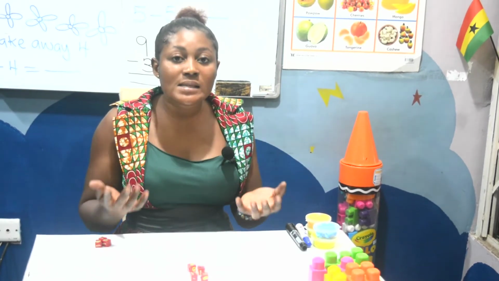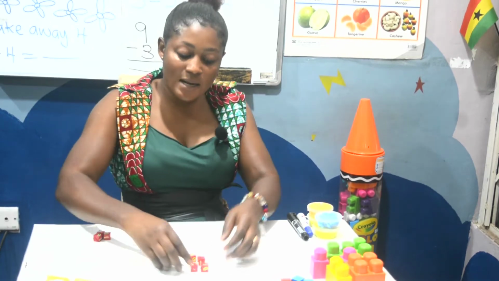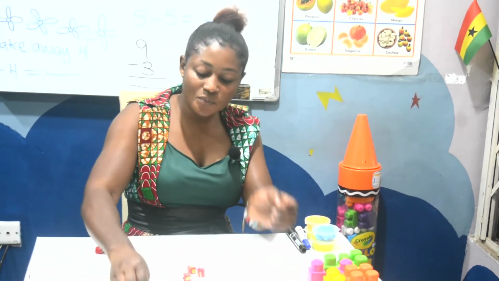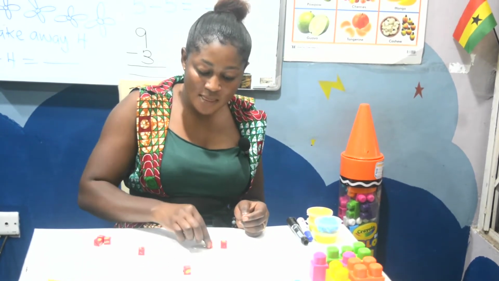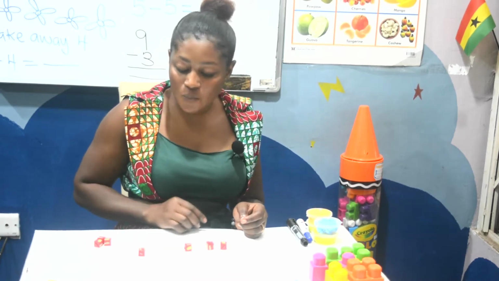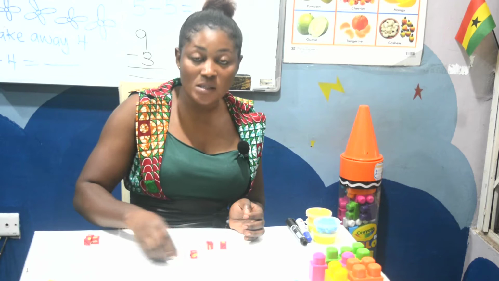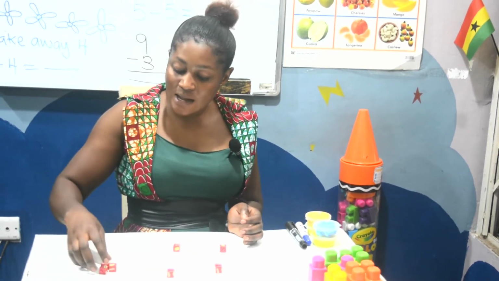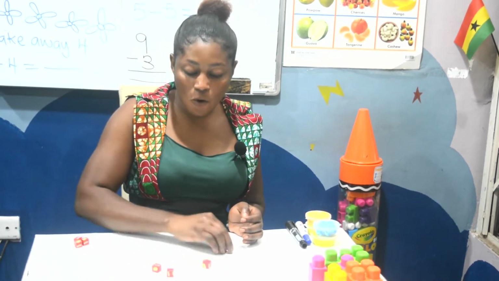Now let's count how many toffees will be left after taking away the 3 toffees. 1, 2, 3, and 4. So 7 minus 3, the answer is what? 4. So when you take 3 away from 7, you get 4.